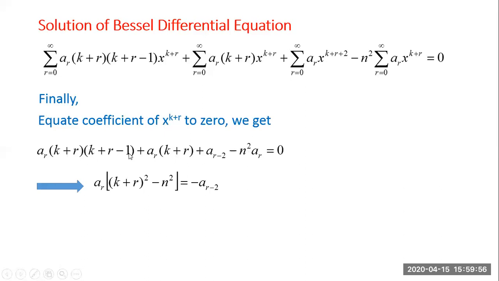If I take k plus r common from (k plus r minus 1), 1 remains. So k plus r minus 1 plus 1 gives another k plus r. So I get (k plus r) whole square minus n square. And there is ar minus 2 on the right hand side, so I get minus of ar minus 2. Now divide by this term. So we get ar as minus ar minus 2 divided by (k plus r) whole square minus n square.